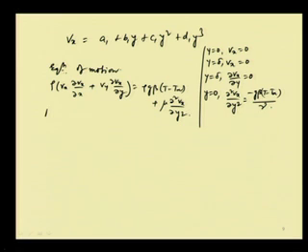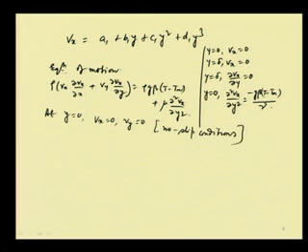Now at y equals 0, we know that Vx equals 0 and Vy equals 0. These are called no slip conditions. When we use these no slip conditions, we get mu into del square Vx by del y square equals minus rho g beta into (T minus T infinity).